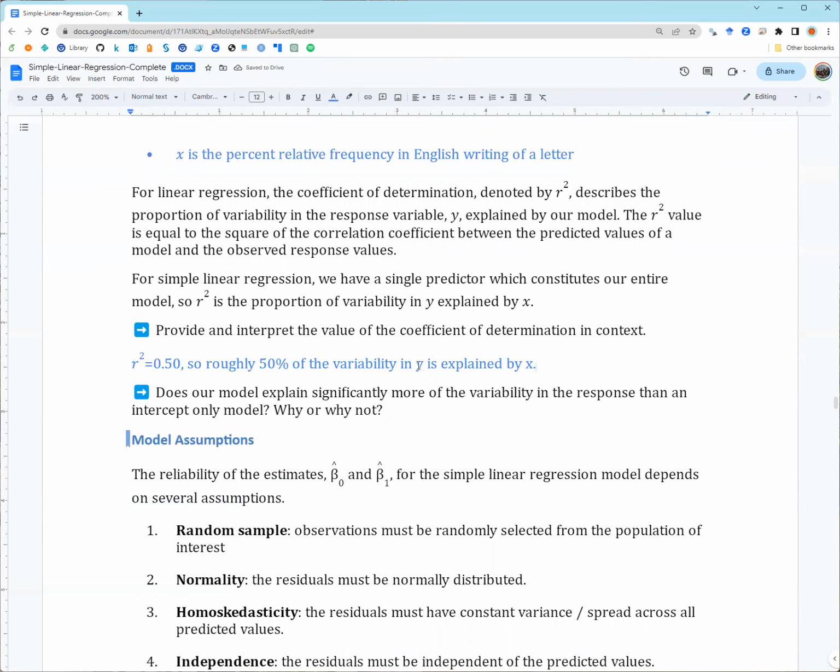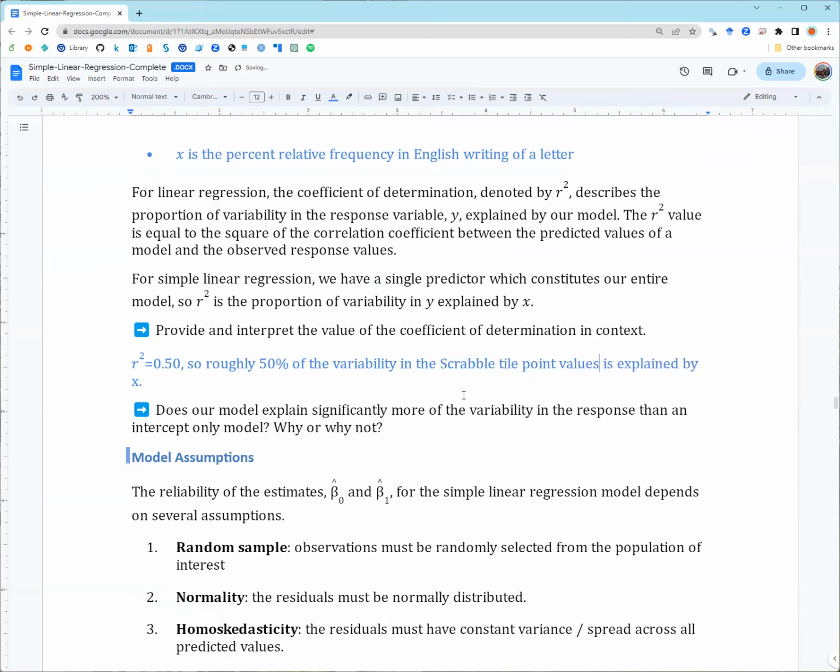Instead of just saying y, we'll say roughly 50% of the variability in the Scrabble tile point values is explained by the letters.